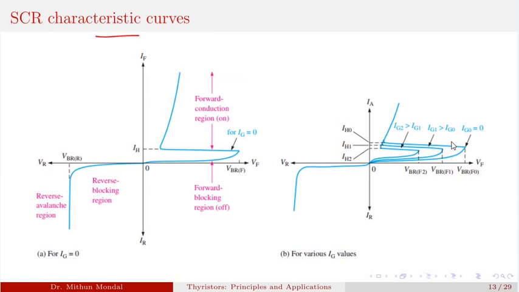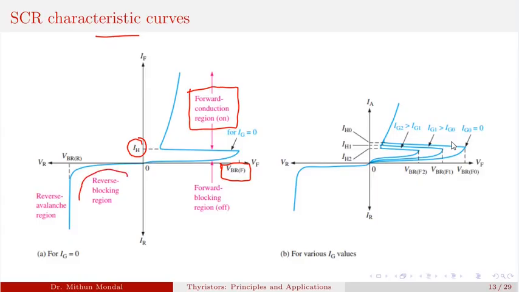In terms of the characteristic curve, once the SCR crosses this forward voltage, which is the breakover voltage, the SCR is turned on, and this zone is known as the forward conduction region. The minimum current that needs to be maintained is the holding current, and then we can remove the gate signal.